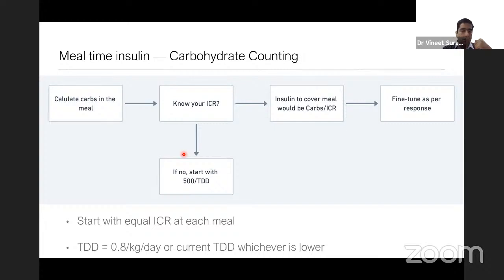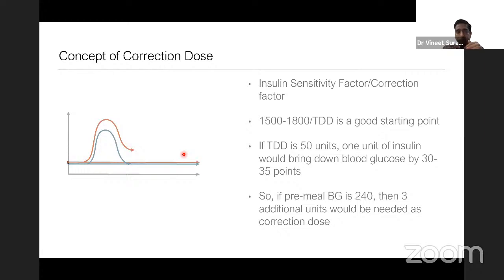The total daily dose we put in to calculate ICR depends upon the dose the child is taking currently. It can be either 0.8 per kg per day or the current TDD, whichever is lower. So if my total daily dose is more than 0.8 per kg per day, then I'll go with that dose and calculate my ICR with that.